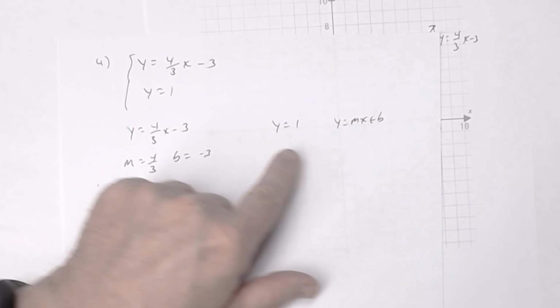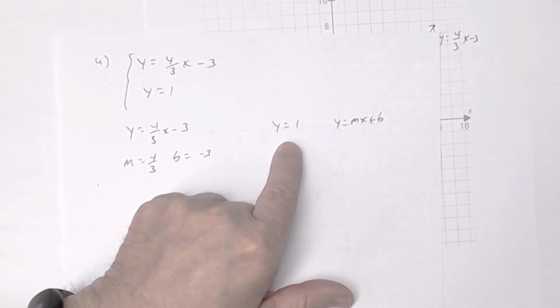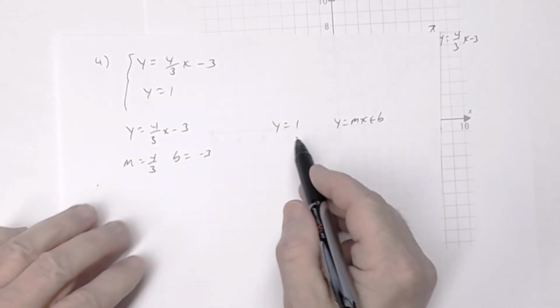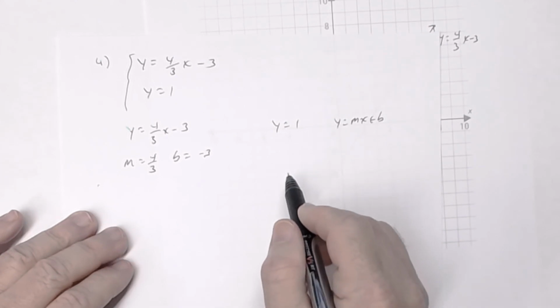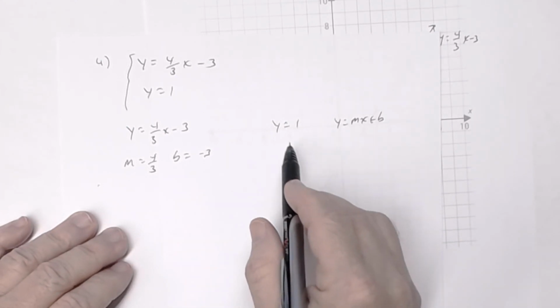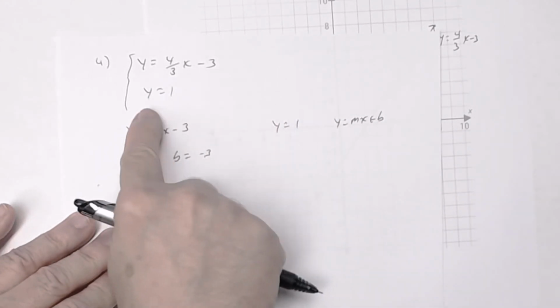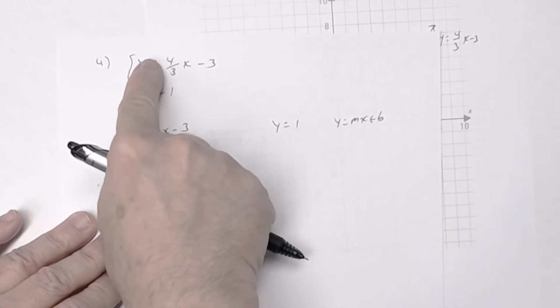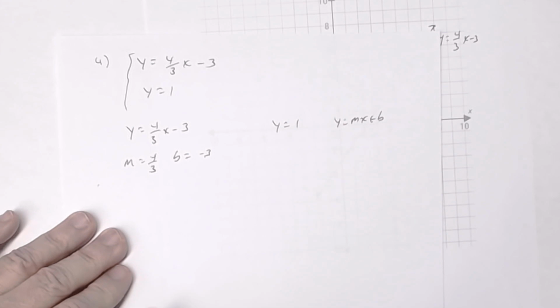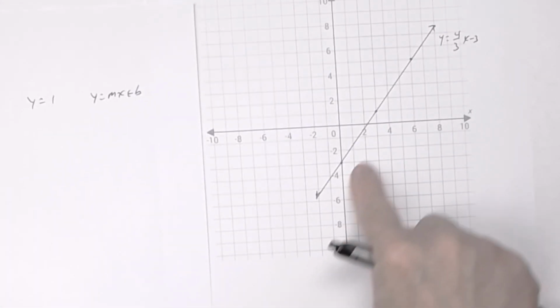With y equals 1, there's no x, and it turns out that if there's no x, then what we have here is a horizontal line. When you have an x and a y, like we had here, you're going to get a slanted line, which is what we saw here.